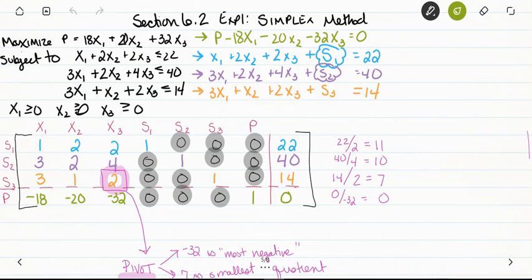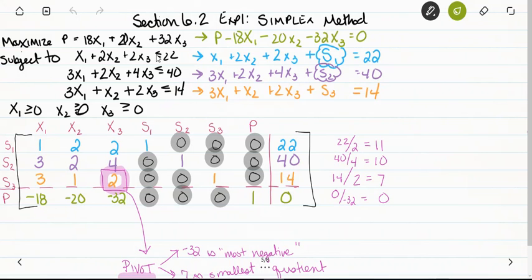In our textbook, if you're a student in our current semester course of Finite Mathematics, then this is section 6.2, and it's an example of the simplex method. So what we have is a function that we want to maximize. We want to maximize profit, or P, equals 18x1 plus 20x2 plus 32x3, and we have these 3 constraints.